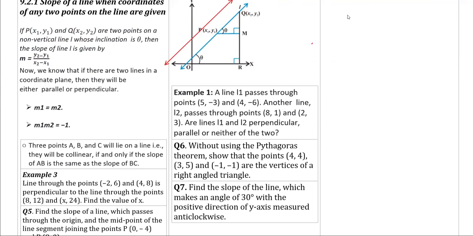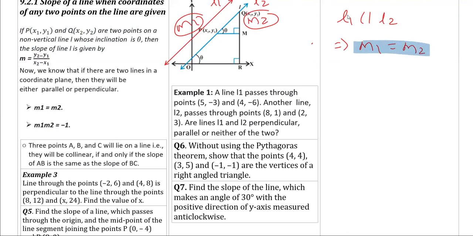Let's say this is line L1 and this is line L2, let m1 be the slope of this line and m2 be the slope of this line. Then for two parallel lines, that means when L1 is parallel to L2, it implies that their slopes are equal. In short, for two parallel lines, their slopes are equal.